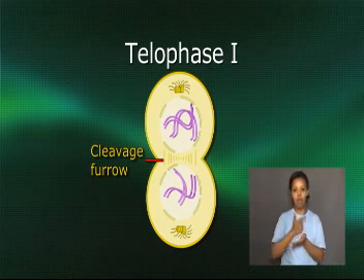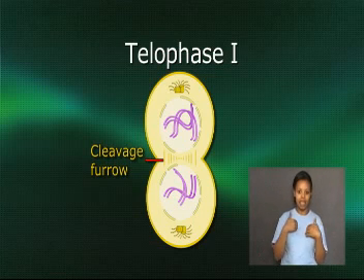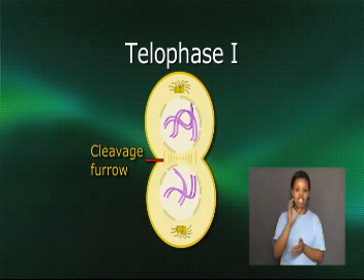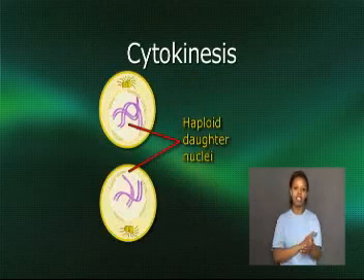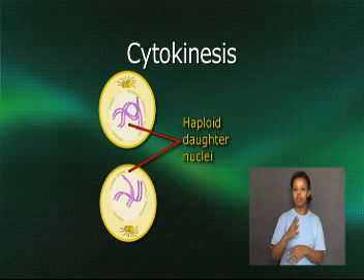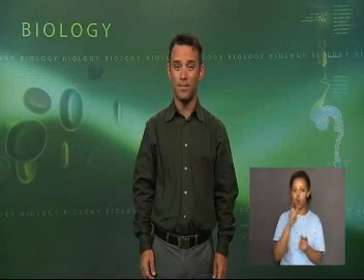The pinching of the cell membrane in animal cells is called cytokinesis. This also describes formation of the cell wall in plant cells. When this occurs, the two daughter cells are finally created. That is quite a process.